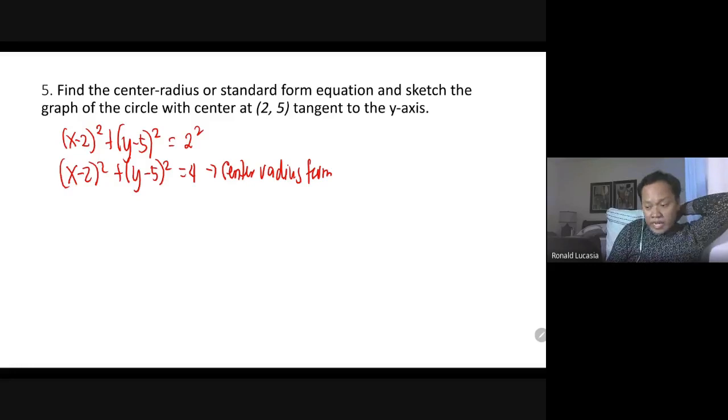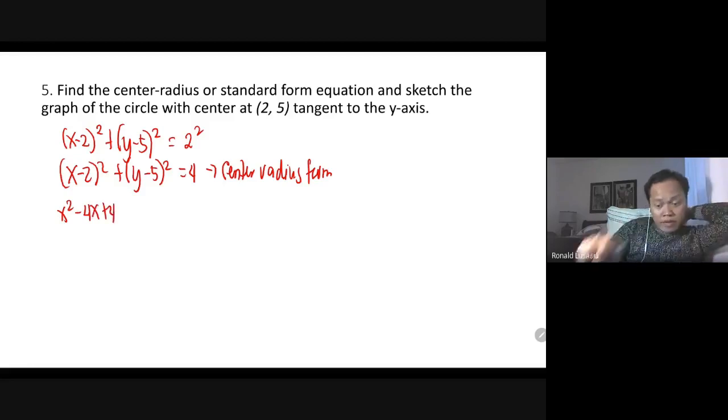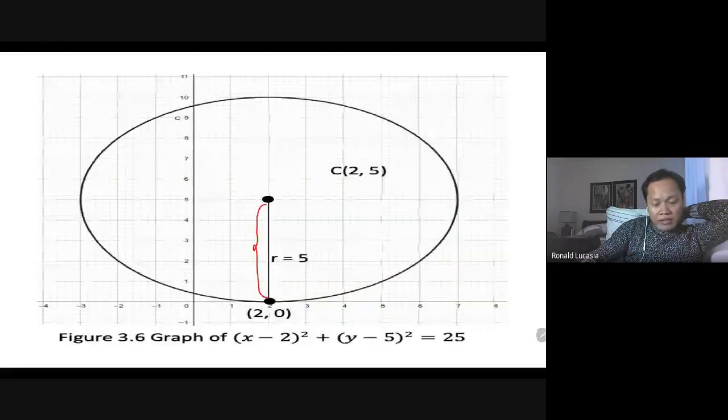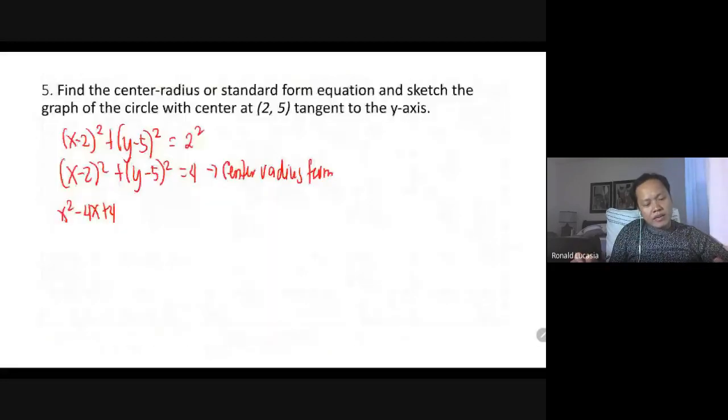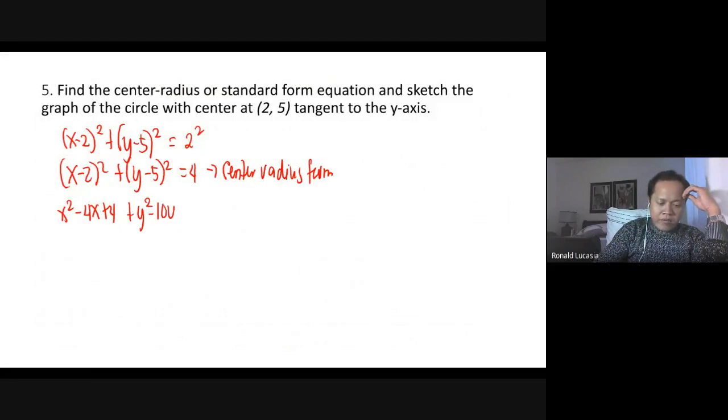Now we already expand this one. So x squared minus 4x plus 4, that's the expanded form, coming from this one. Then for this one, plus y squared minus 10y plus 25 is equal to 4.